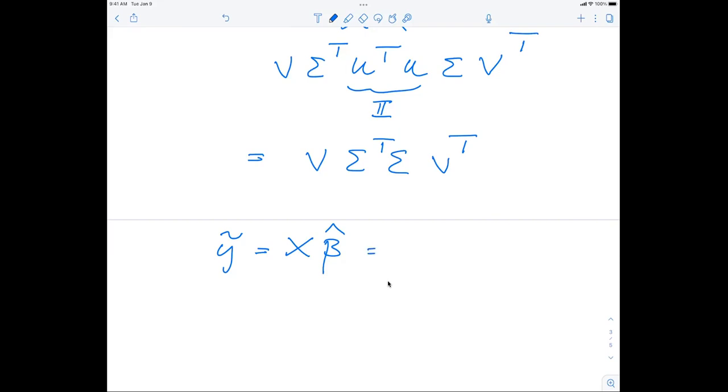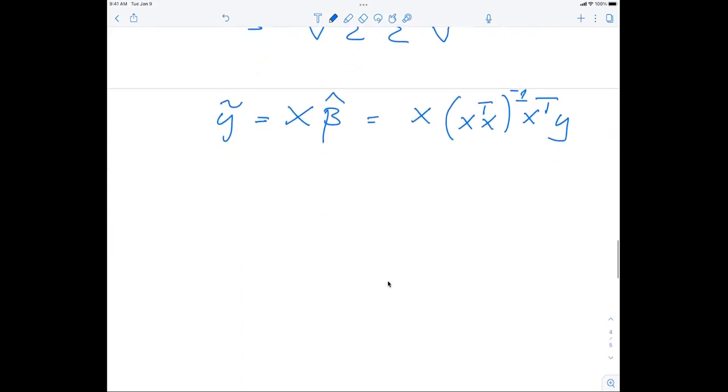Now, this is something we can rewrite as X, and then I'm just plugging in the expression from ordinary least squares, X transpose X inverse times X transpose y. So I just plugged in the expression for the optimal beta after the optimization. If I then put in the SVD, this becomes equal to U times Sigma times V transpose.